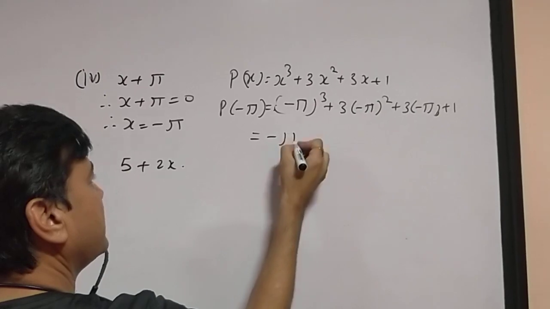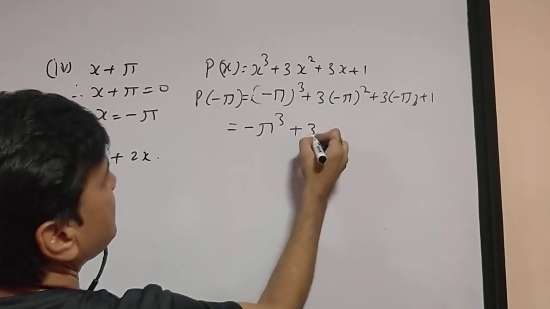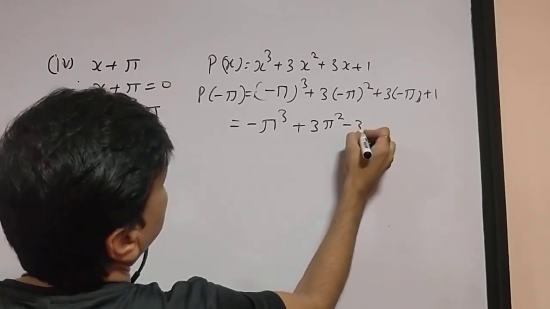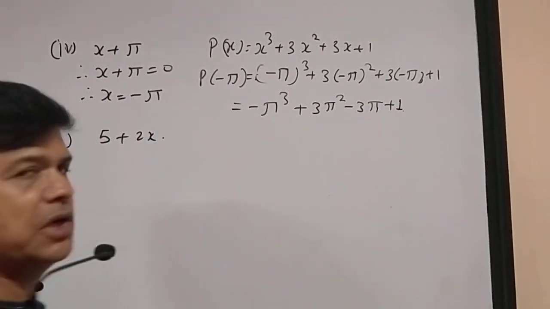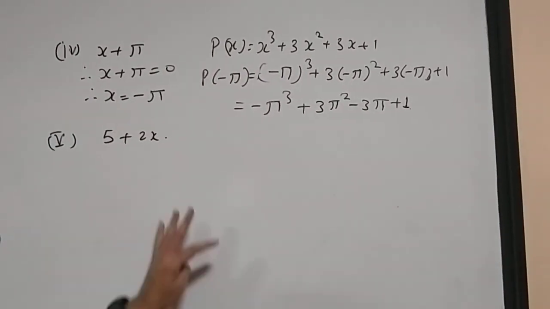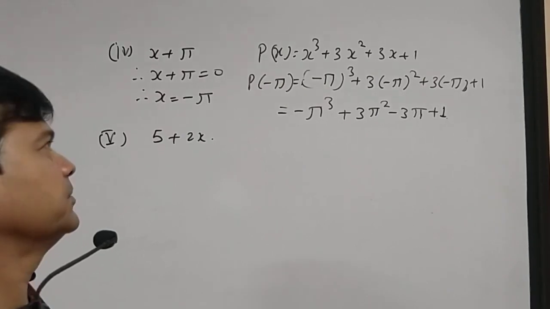So it is minus pi cube. Minus pi square is plus pi square, so 3 pi square. This is the remainder. You don't have to find the value; just keep pi and don't write the numerical value of pi.